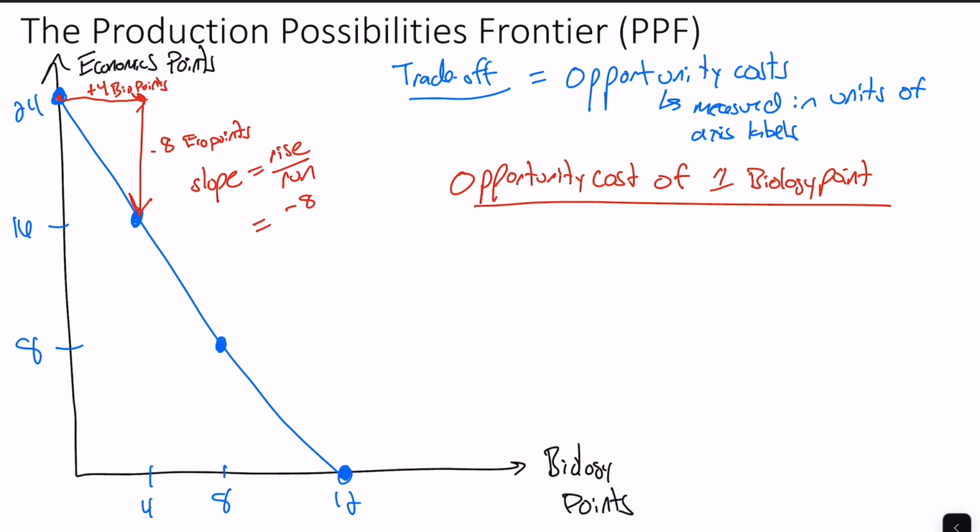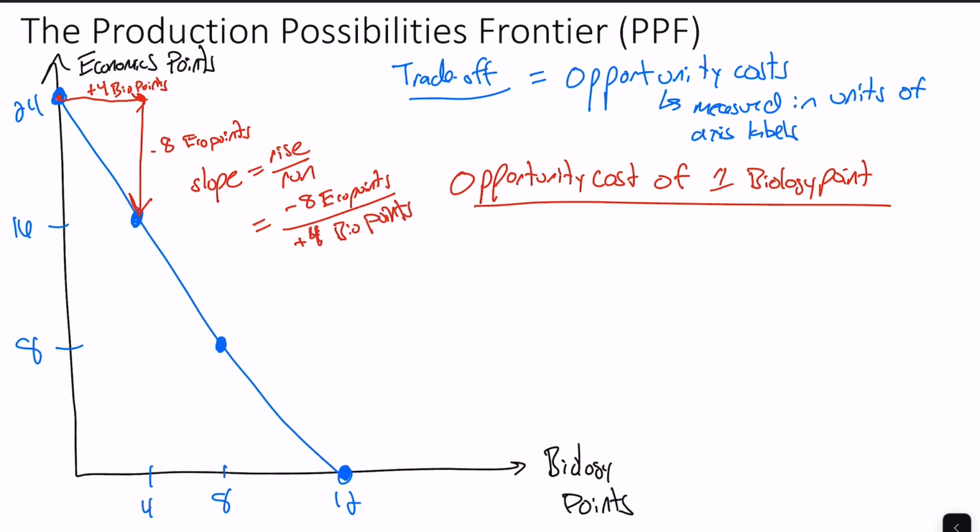It's going to go down 8. We're going to lose 8 econ points. Okay. We will gain 4 bio points. This is going to be the run variable, the change along the x-axis. And so we'll have plus 4 bio points.